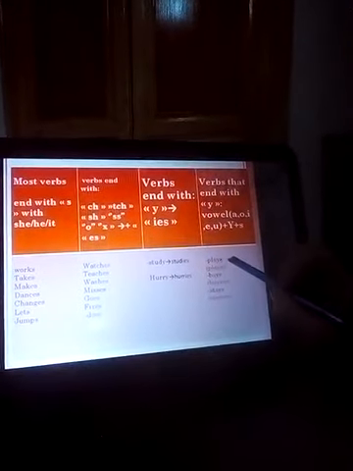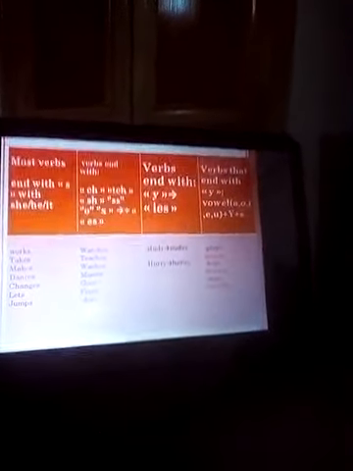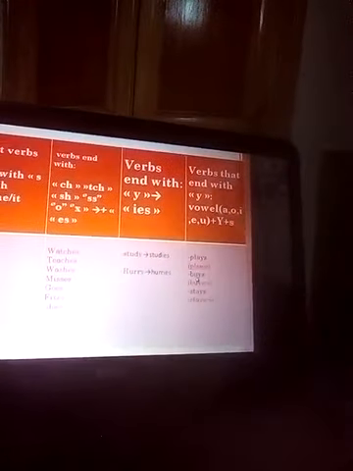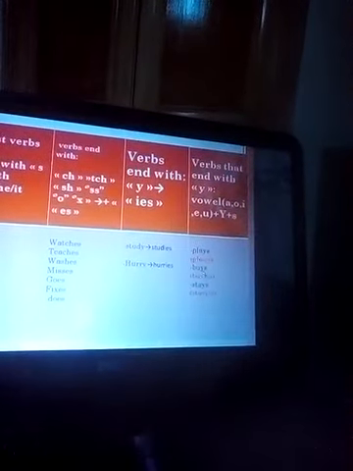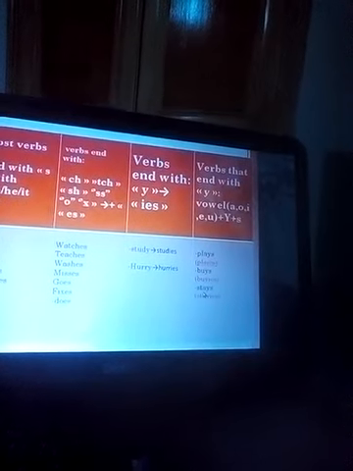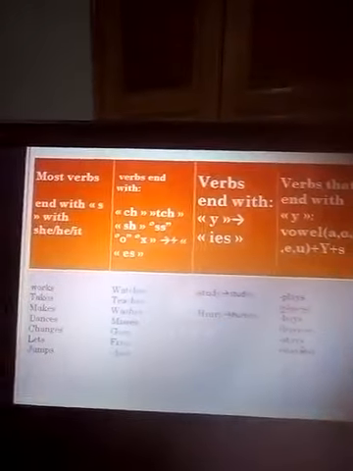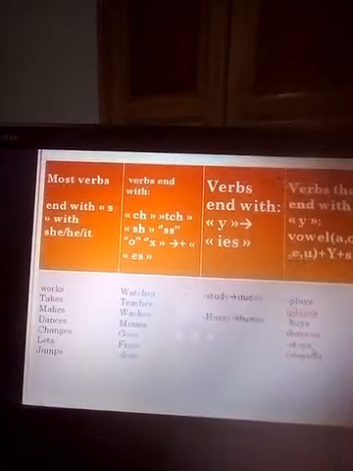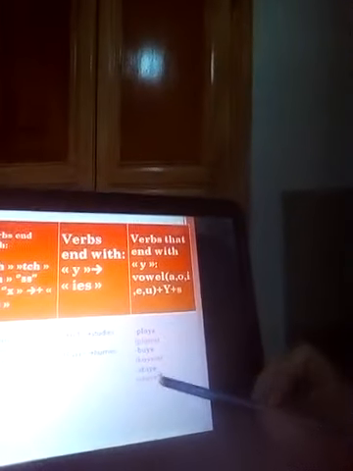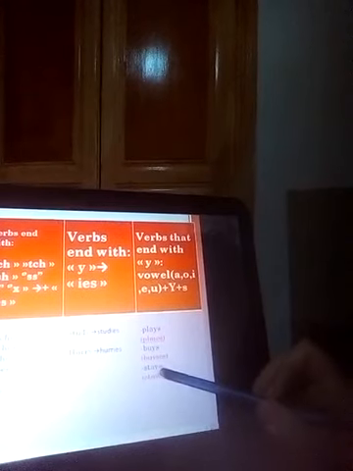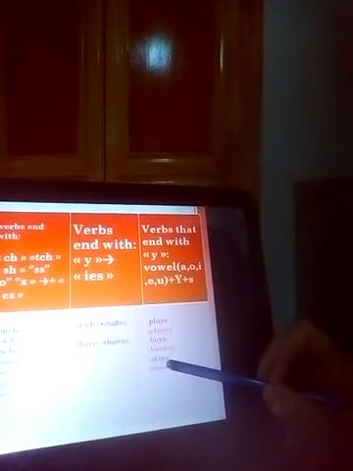In the case of play, we add only s, because we have P, L, A, Y, S. We have A before the Y. Buy, B, U, Y, S. Stay, A, Y, S. Okay? So we have to add only the s to the verb, because we have vowel plus y.